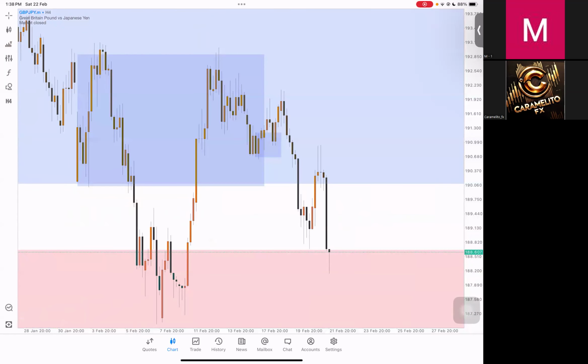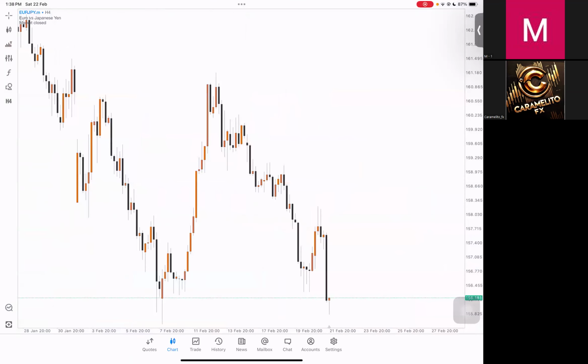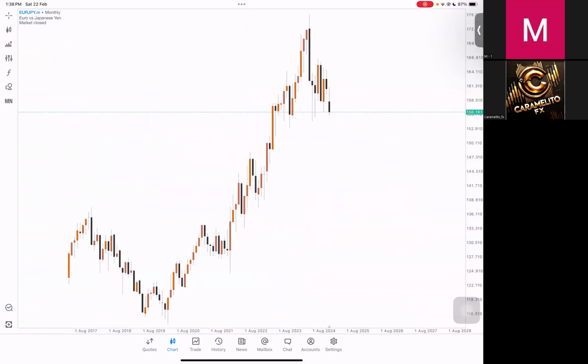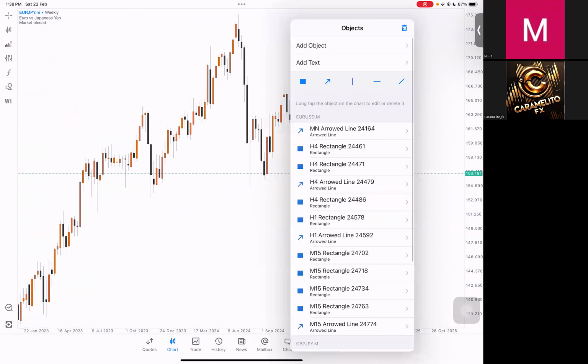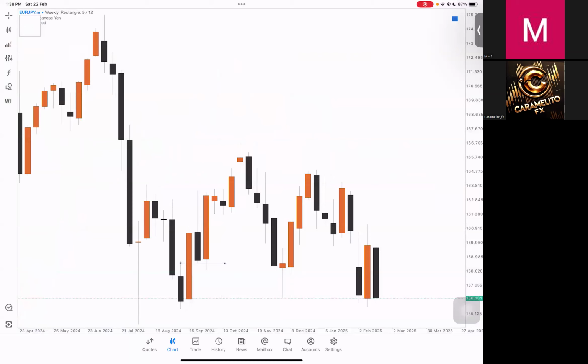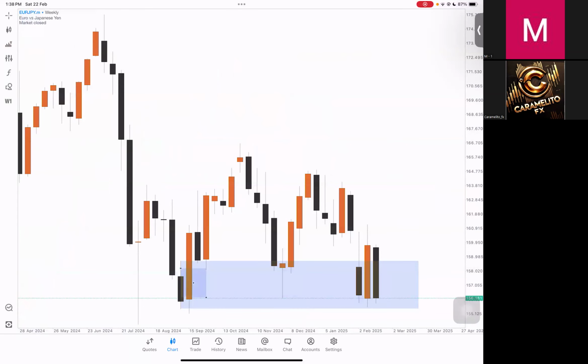Same goes for other pairs. Let's say any random pair. How do you find direction and storyline? The same thing applies. At least check on the weekly. After you check on the weekly, or at least monthly, only then can you understand what is going on in the high time frame. If price really wants to melt down, please break out of this zone first.